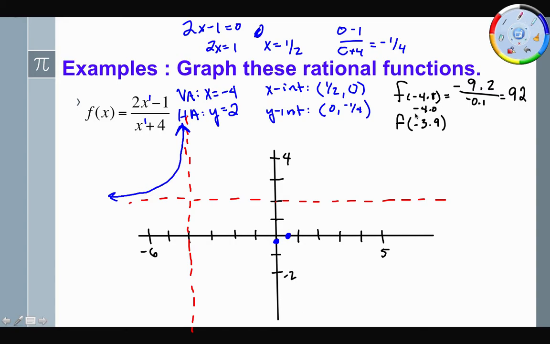The second part is when we plug in negative 3.9, so we get 2 times negative 3.9 minus 1, and we get negative 8.8. And when we plug in negative 3.9 plus 4, we get 0.1. So that means I get a negative 88.